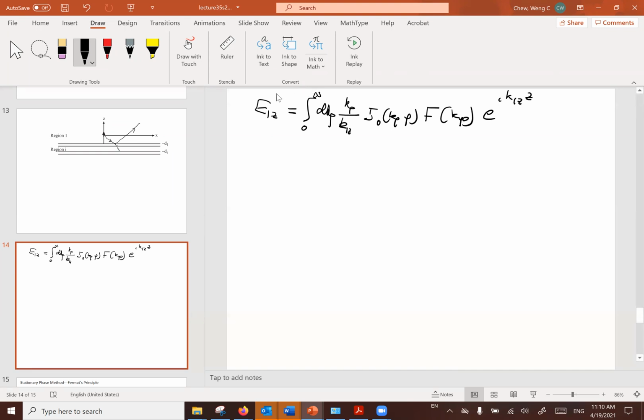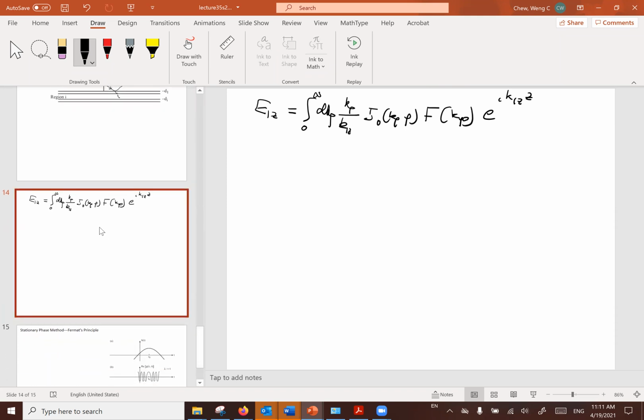So a typical Sommerfeld integral looks something like this, where this F could be something very, very complicated. This Sommerfeld integral does not offer much physical insight. I'm going to use an approximation method called the stationary phase method to find an approximate solution to this integral.